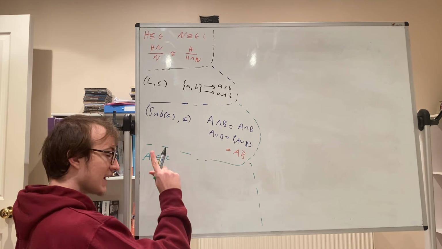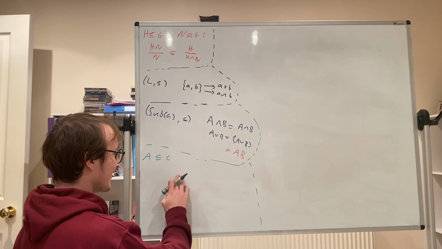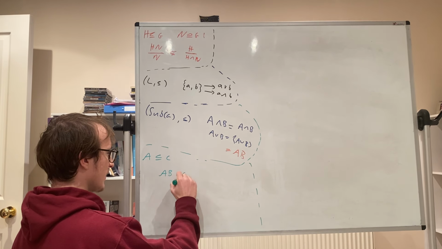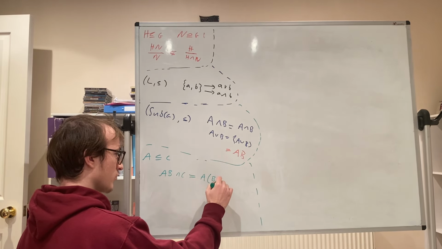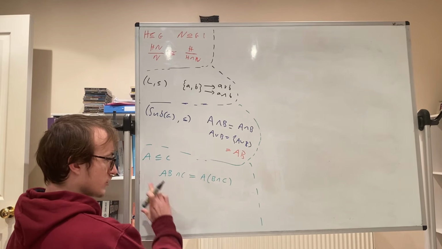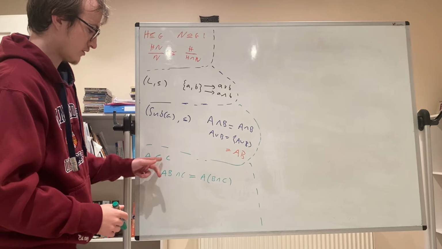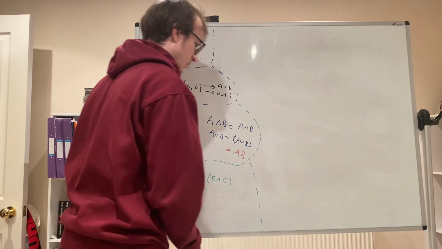And that is that, as sets, because we're just working with subgroups here, the set AB intersect C is equal to A times (B intersect C). This is known as the modularity condition, when A is a subset of C. Okay, I just wanted to get that out of the way.